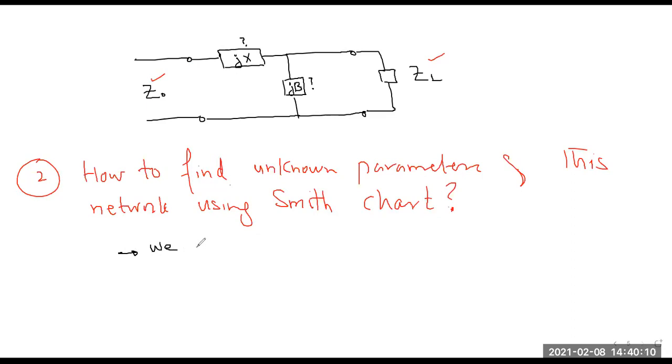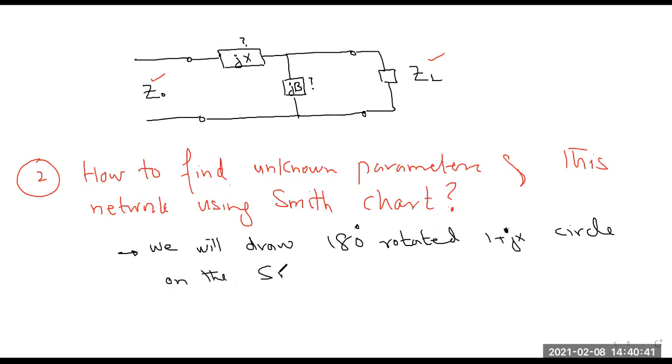We need to draw. We will draw a 180° rotated one plus jx circle on the Smith chart.